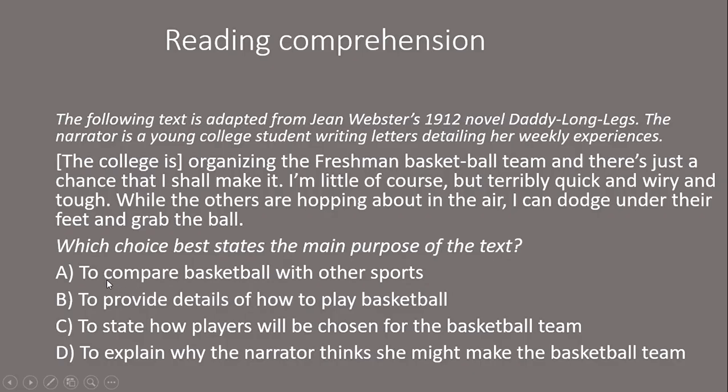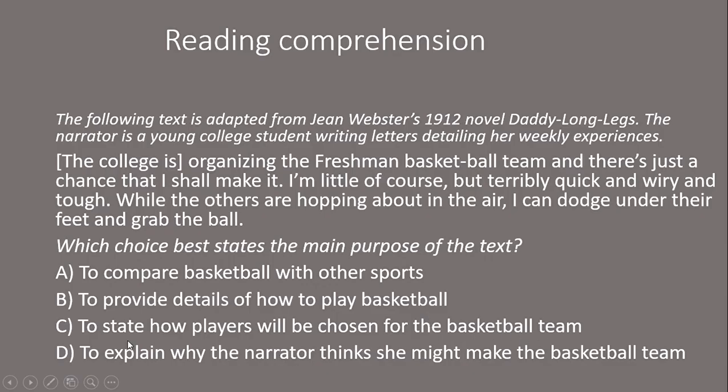Option A says to compare basketball with other sports. No, there's no comparison there. To provide details of how to play basketball, not really. And to state how players will be chosen for the basketball team, not quite.